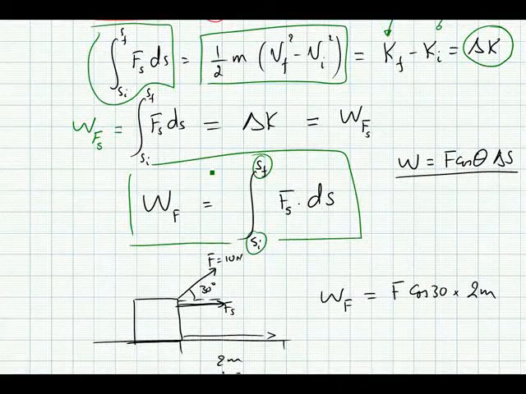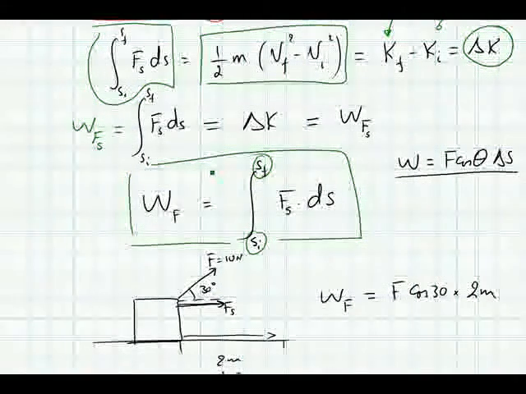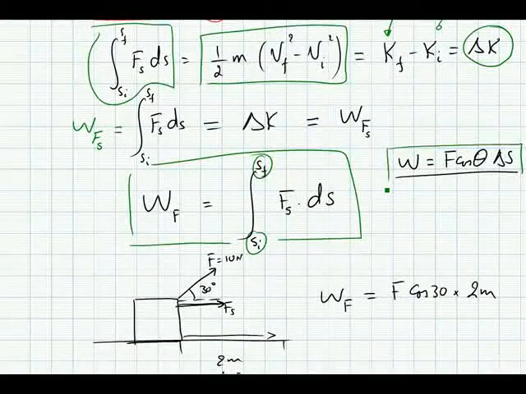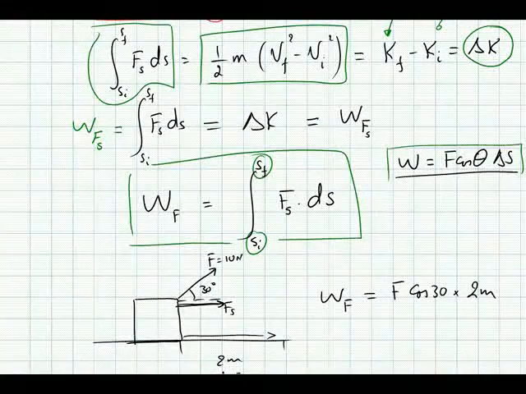Now, if the displacement is along a linear path, then this integral has a simple expression, which is simply F cosine theta delta s.